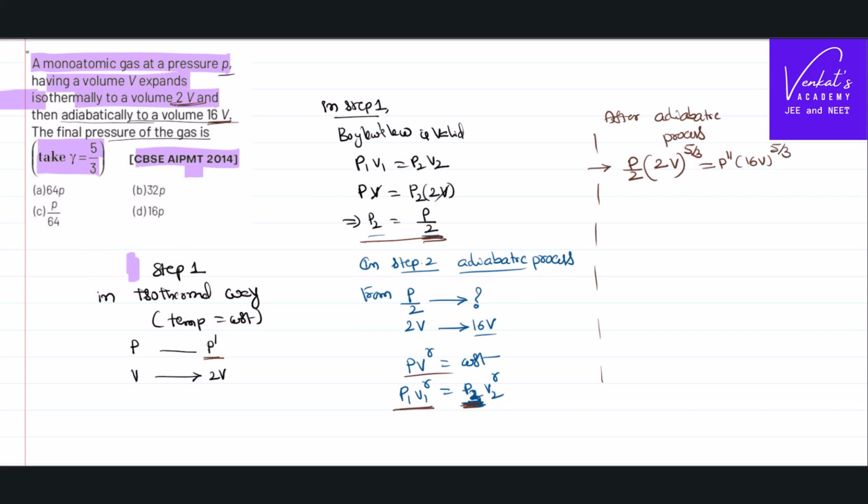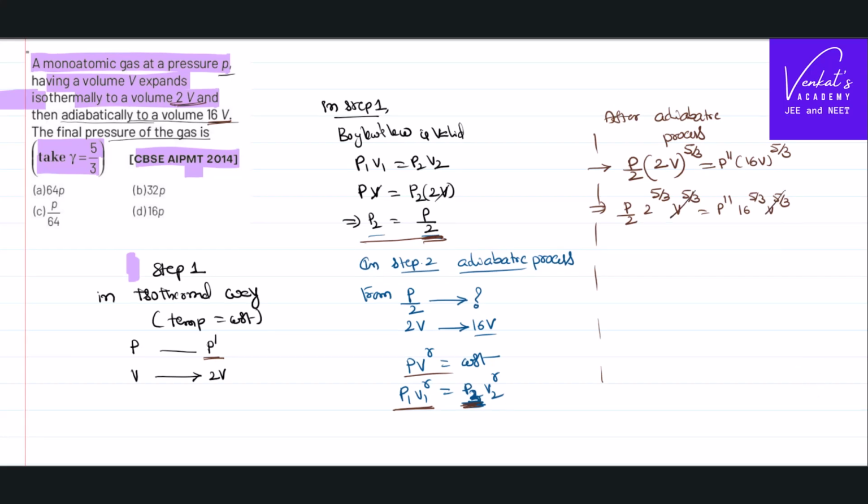Let us simplify this further. On the left hand side, P by 2, 2 power of 5 by 3, and V power of 5 by 3. On the right side is P double dash, 16 power of 5 by 3 and V power of 5 by 3. So V power of 5 by 3 on both sides can be cancelled.